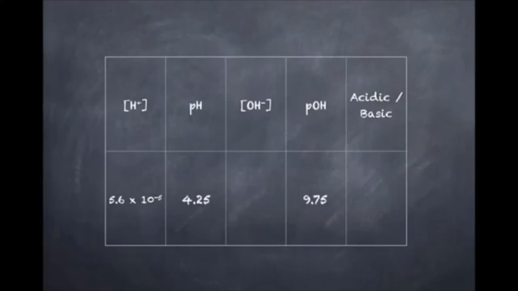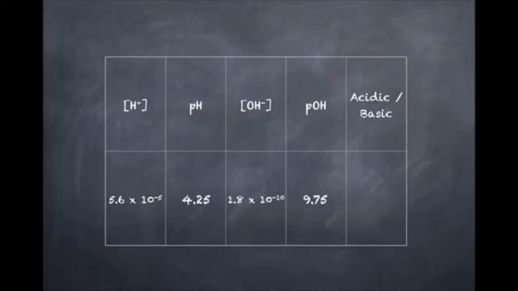Now, if you are still unclear about logs and how to calculate your concentration of OH or H plus from pH or pOH, you need to look up how to solve logs or come in and see me. Okay, so all you're going to do is take 10, raise it to the negative 9.75. And keep in mind, because there are 2 decimal places, I want 2 significant figures for my concentration, so I got 1.8 times 10 to the negative 10th.